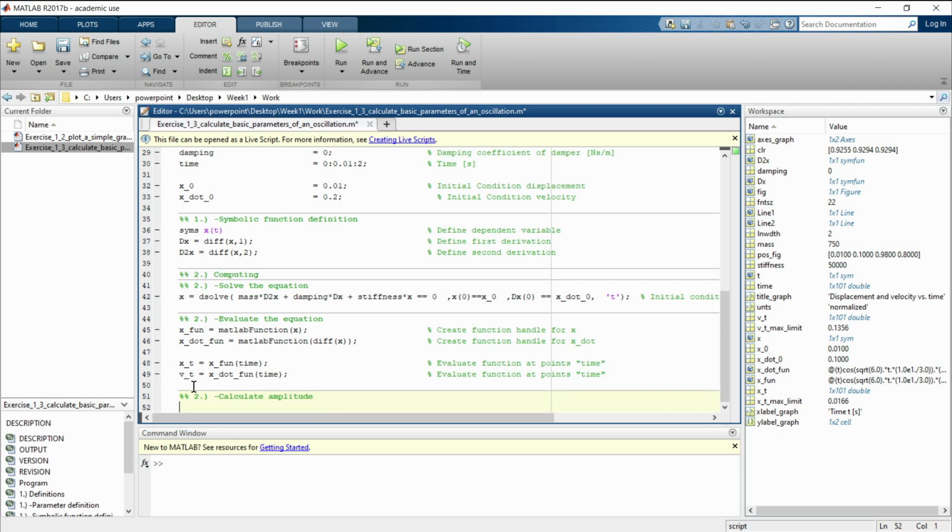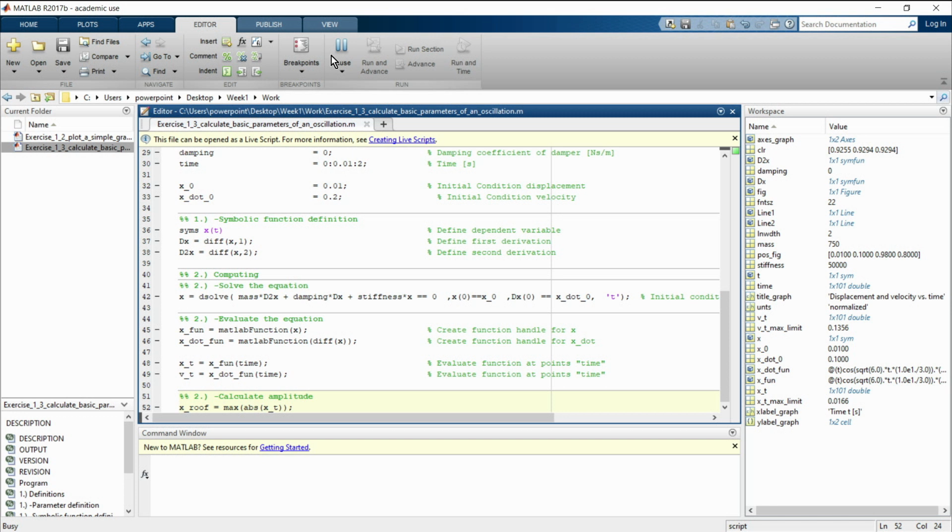Within this section we're going to calculate our amplitude, and the amplitude is just the maximum of the absolute value of x of t, and we call that x roof. And actually that's it already.